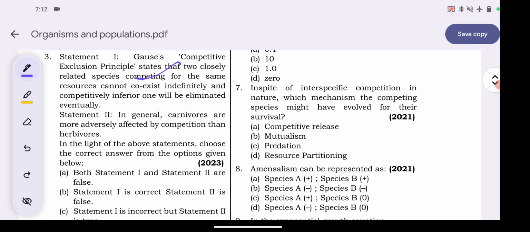Second, in general, carnivores are more adversely affected by competition than herbivores. This statement is wrong, it should be the opposite: herbivores are more adversely affected by competition than carnivores. So here, statement 1 is correct, but statement 2 is incorrect or false. Option B is your answer.